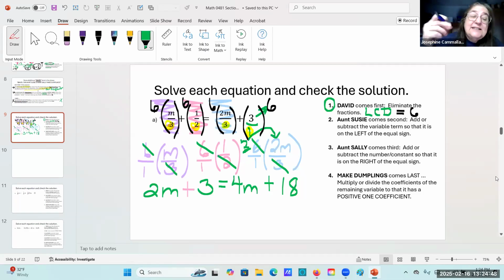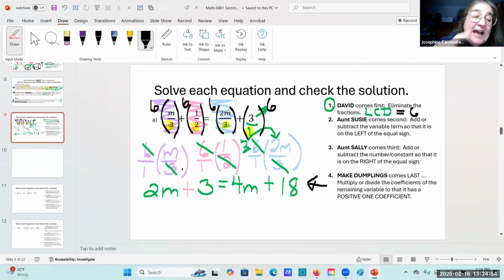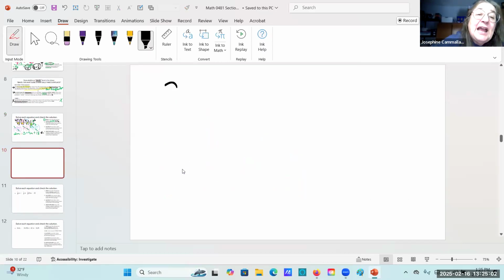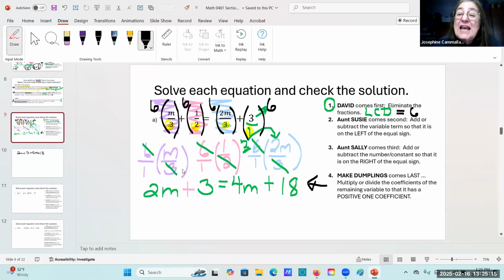Now, to help you, I'm going to rewrite this line on the next slide because I'm going to run out of space, so I don't want to do that. Over here, I have 2m plus 3 is equal to 4m plus 18. Now, let me go back a slide. Okay, I am now going to do Aunt Sally. I'm not combining terms. I have a variable and a number, a variable and a number.